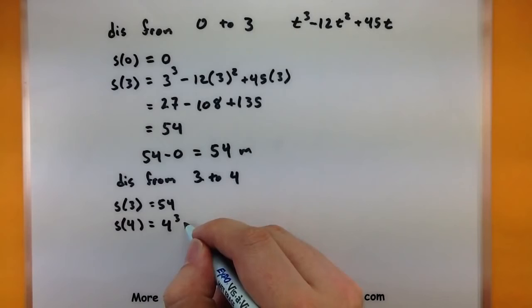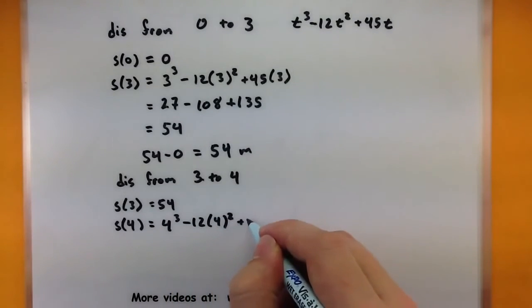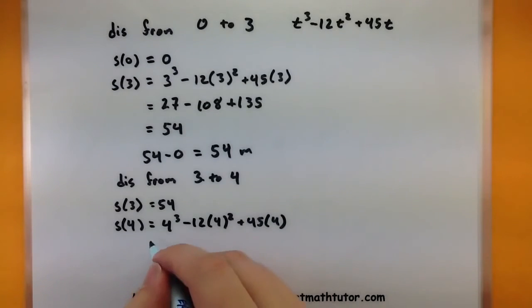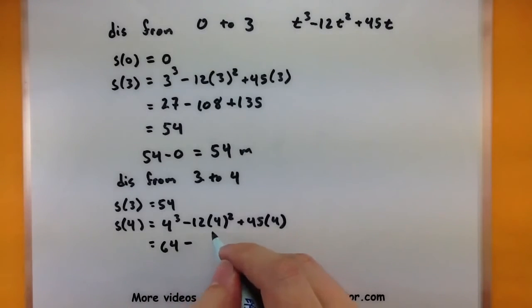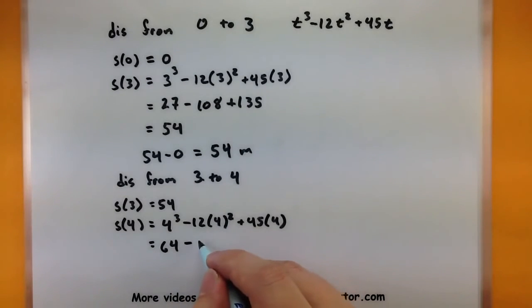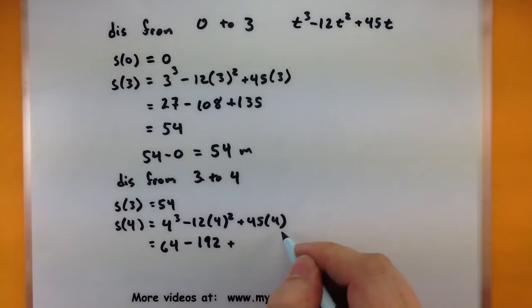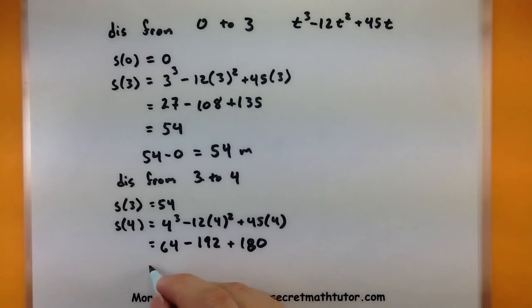So 4 cubed minus 12 times 4 squared plus 45 times 4. All right, simplifying this down, I would get 64 minus 12 times 16, so 192, plus 45 times 4, 180. All right, 64 minus 192 plus 180, that is 52.